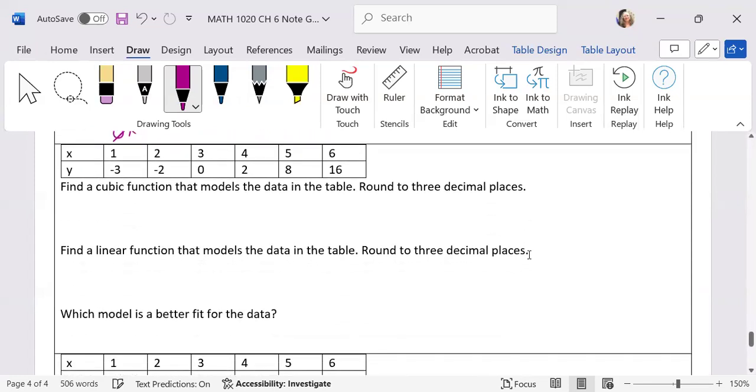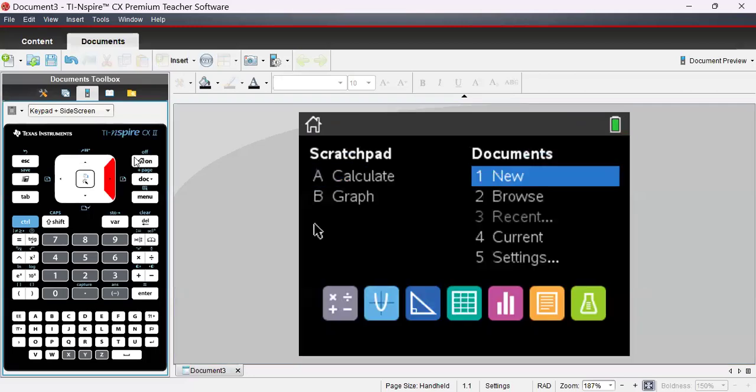All right, this one wants you to find a cubic and a linear and then determine which one is a better fit. Again, both round to 3 decimal places. So let's start over.